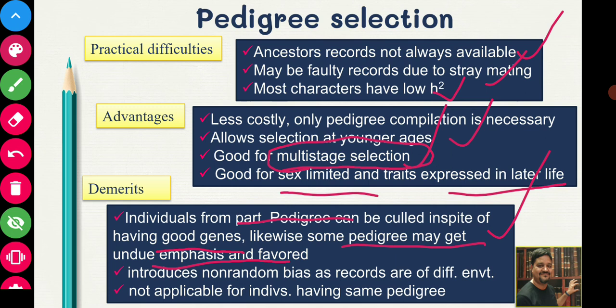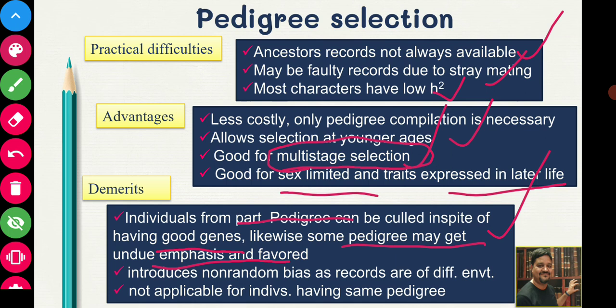So whatever genes a particular individual receives from its parent are completely random. So there is a chance that although the pedigree is very good, that particular individual has received very poor quality genes. In that case, we will be unduly emphasizing an individual whose pedigree is better, and there can be vice versa also. So in many circumstances, pedigree may get undue emphasis.